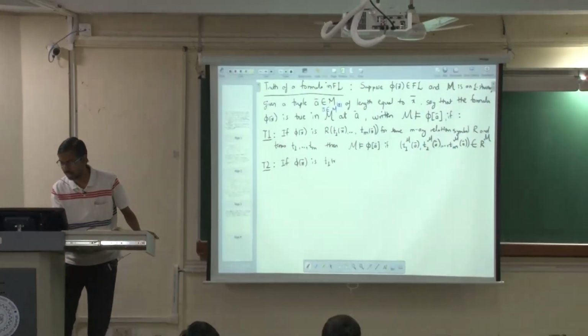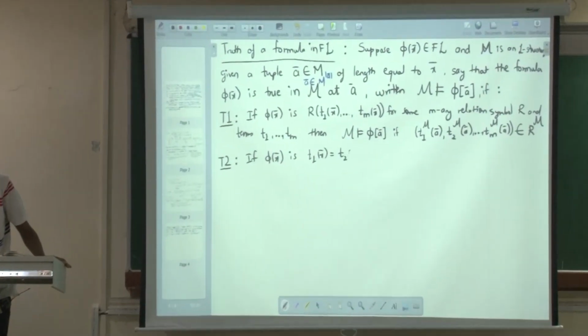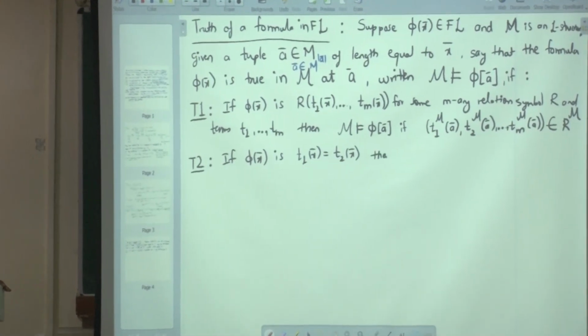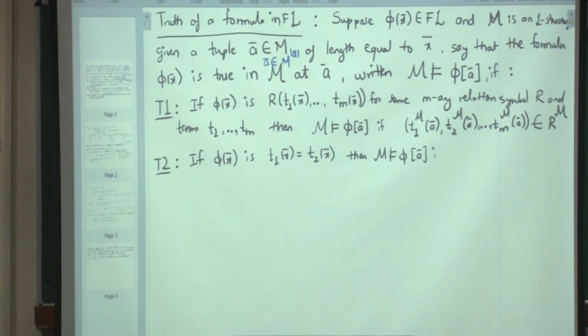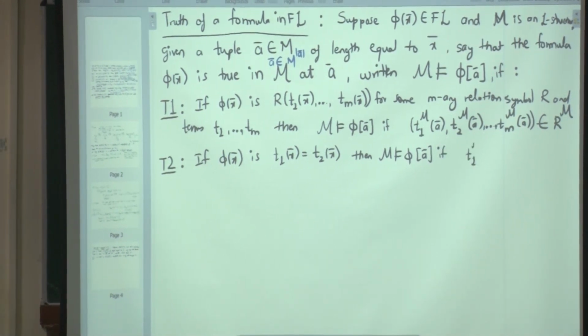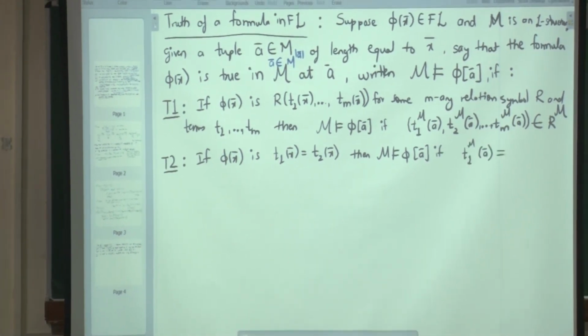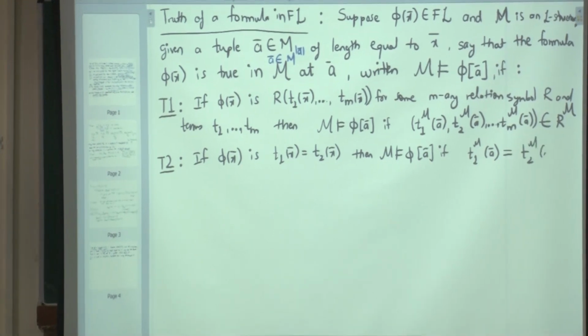If phi x bar is T1 x bar equal to T2 x bar, then M satisfies phi at A bar if T1 M A bar is equal to T2 M A bar.